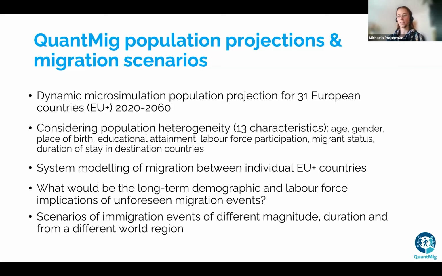So we are taking into account all these dimensions Samir talked about before: age, gender, educational attainment, place of birth, in our case native born or those born in different world regions, labor force participation, migrant status, duration of stay is extremely important, but unfortunately we have very few longitudinal life course indicators of migration, such as retention rates also, which would be super to implement in the microsimulation, but these data simply don't exist.